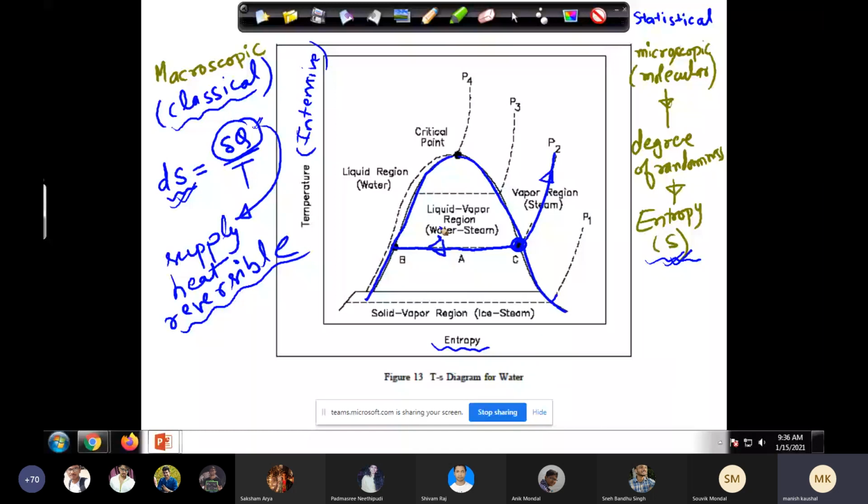So during phase change, although temperature and pressure don't change, entropy changes. If you are going from vapor to liquid, your entropy will decrease. Many times people miss this: during phase change, entropy changes.